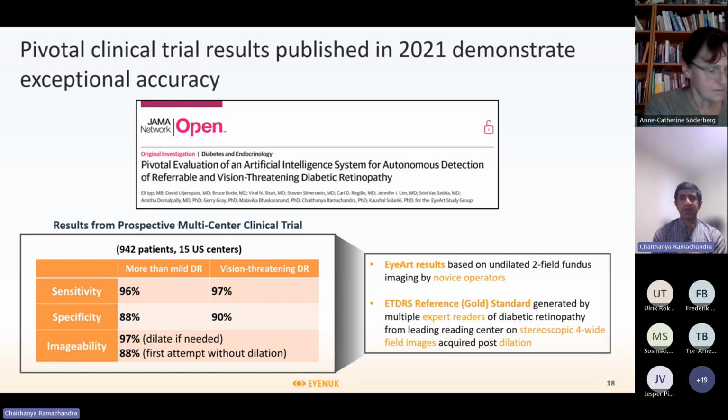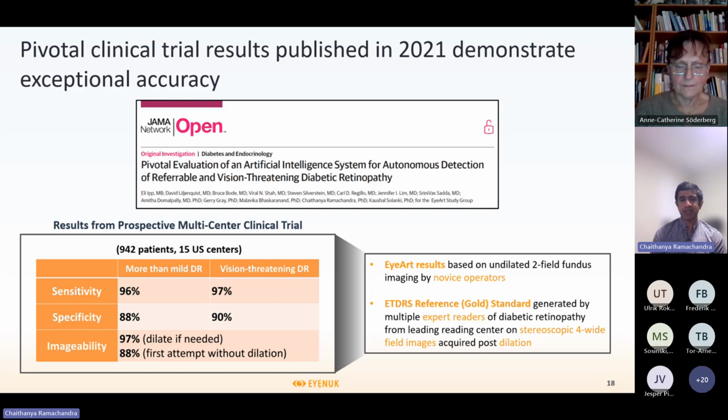These results were then compared against the ETDRS reference standard, for which stereoscopic 4-wide field fundus images were acquired post-dilation. These images were graded by multiple expert graders from the Wisconsin Reading Center, which is the place where the ETDRS grading standard was built. The adjudicated grade, the adjudication between these multiple expert graders, was considered as the gold standard. And that is what IART was compared against.